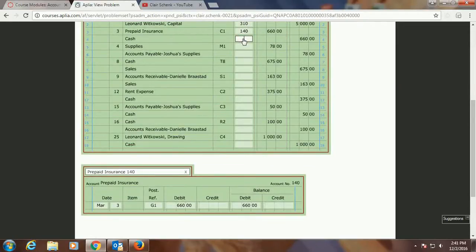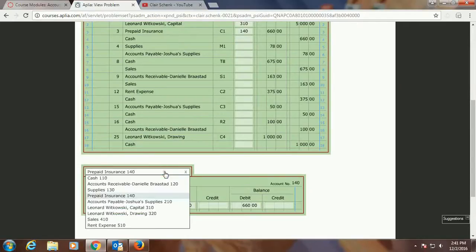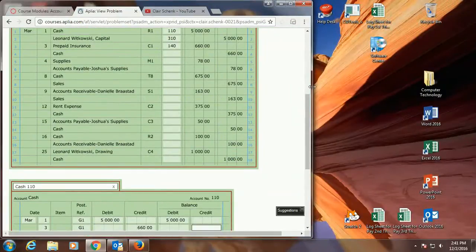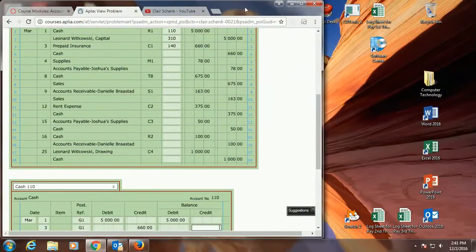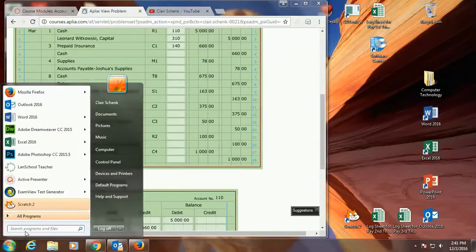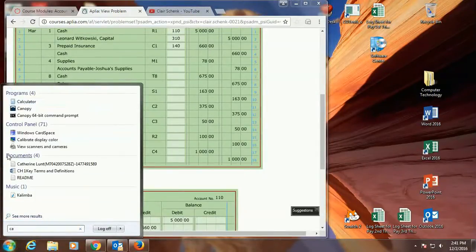So I'm on the next line, line 4, which is cash. I'm going back to my cash ledger. It's the 3rd. It's G1 for the post reference. It is a credit of $660. And so now I have a new balance. So let me minimize this a little bit so it's easier to work with. And open my calculator on my computer so you can see what I'm doing.